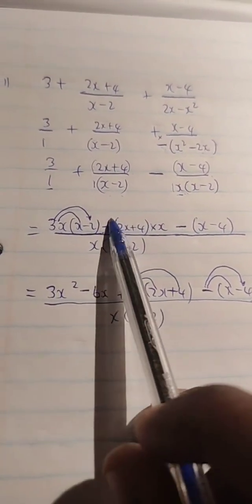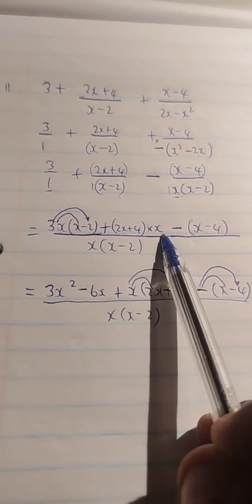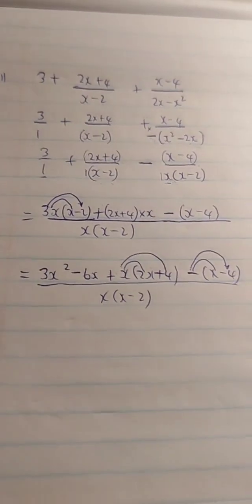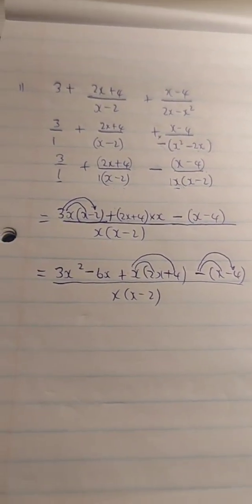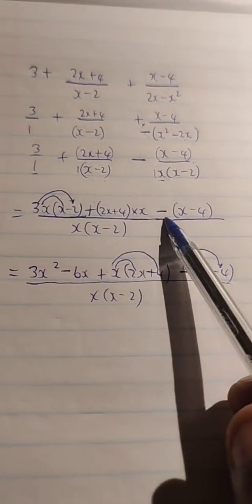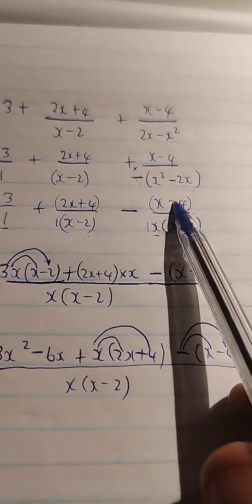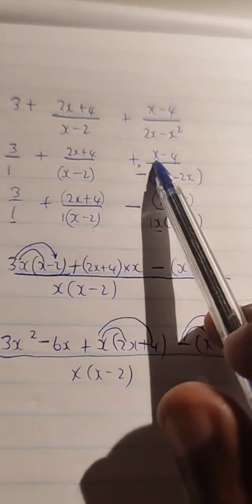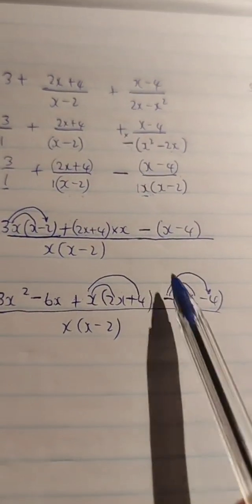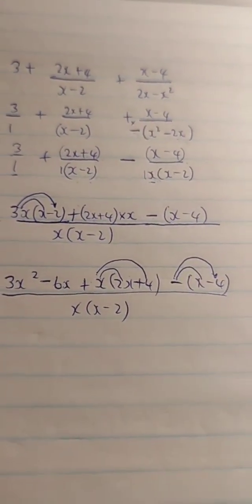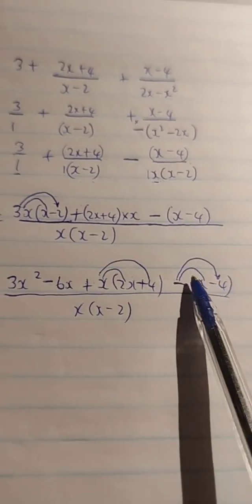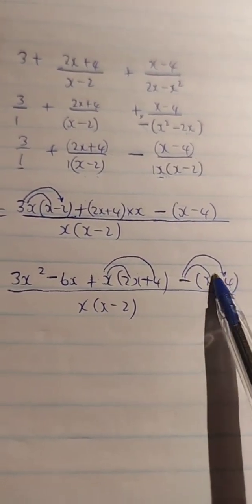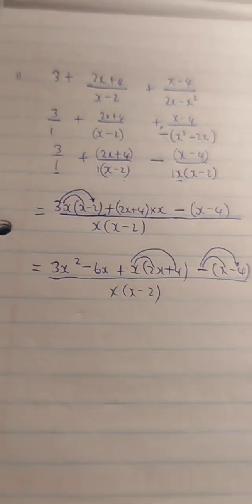You would understand that this sign is supposed to be attached to the x and distributed inside the bracket. And this negative sign, if I didn't put brackets, I would have thought that the negative sign only belongs to the x. That's where sometimes the mistake is, that you forget that the negative sign ought to be distributed.